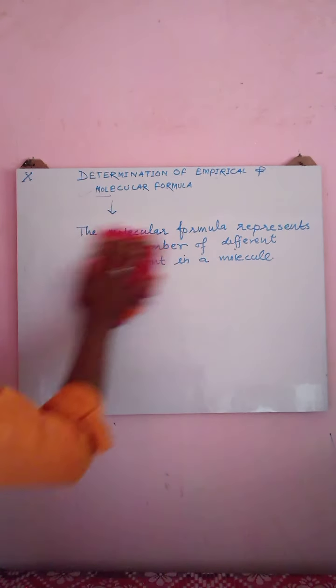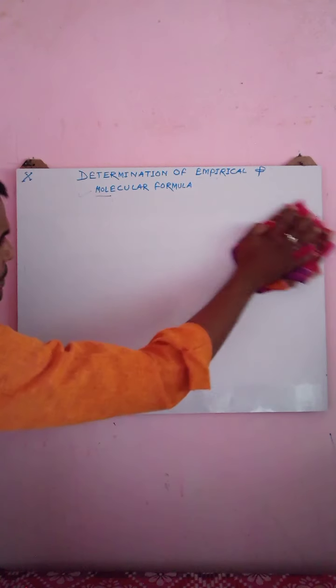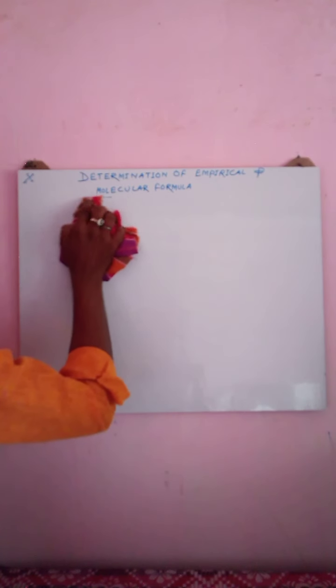Now the main topic, how to determine empirical formula and molecular formula from the given percentage of different elements. Percentage composition of different elements will be given in the numerical. You have to find out the empirical formula. Later on, we will also discuss how to find out molecular formula as well.